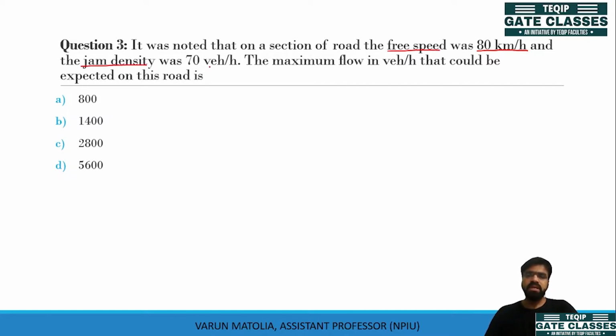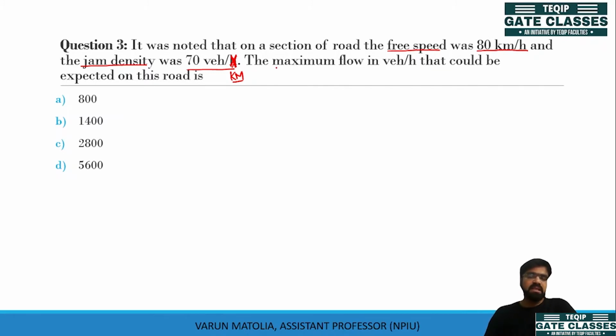The jam density was 70 vehicles per hour. This is not density, I think there is an error. It is 70 vehicles per kilometer, because if it is jam density, it should be represented in terms of vehicles per length. So this is vehicles per kilometer.